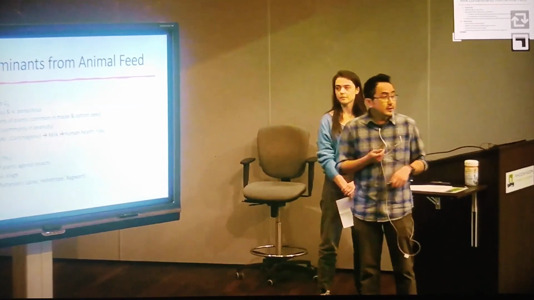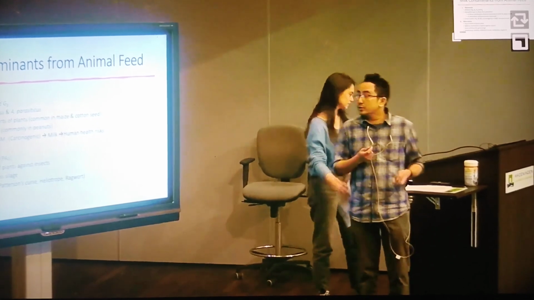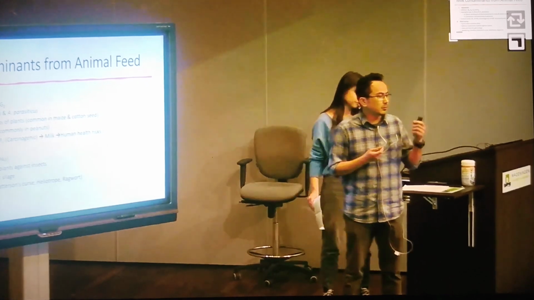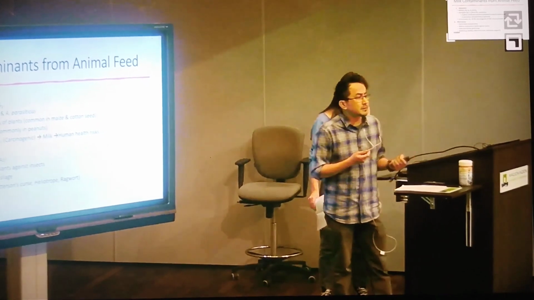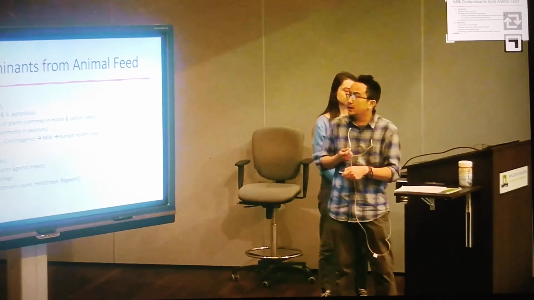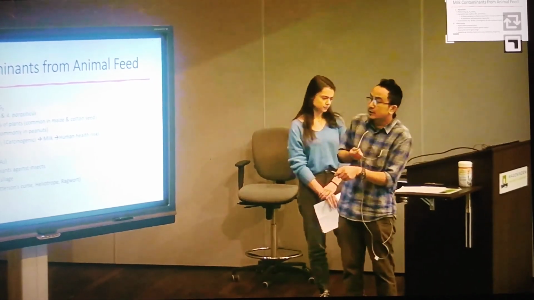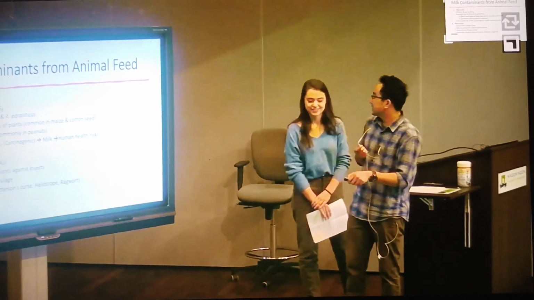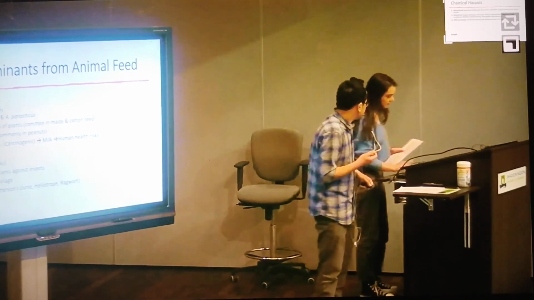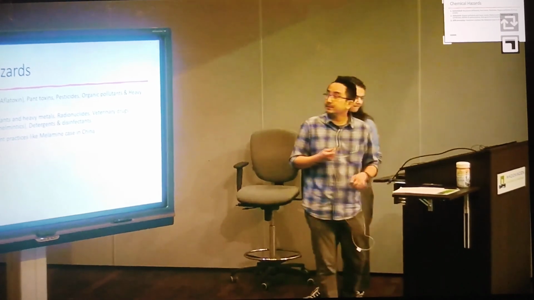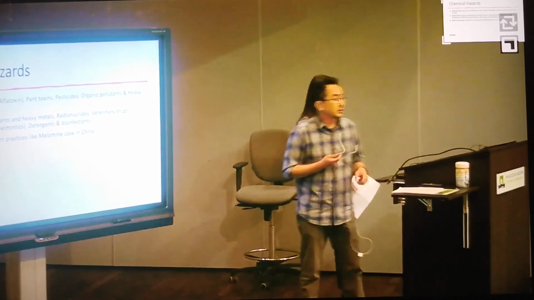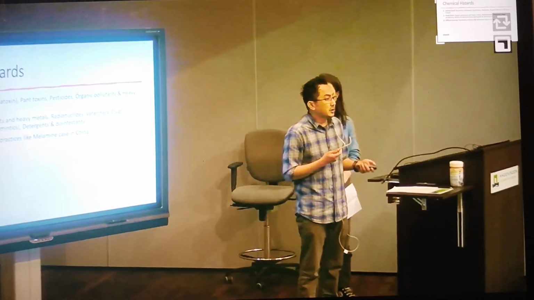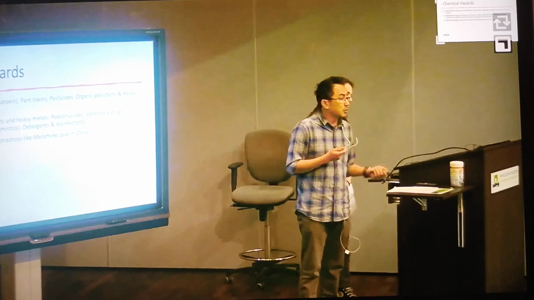In the animal feed, there are mycotoxins, which are the most common chemical contaminant in the milk. And from that, aflatoxin B1 is the most prominent. There are various kinds of mycotoxins which originate from the fungus, which causes molds in the feed.